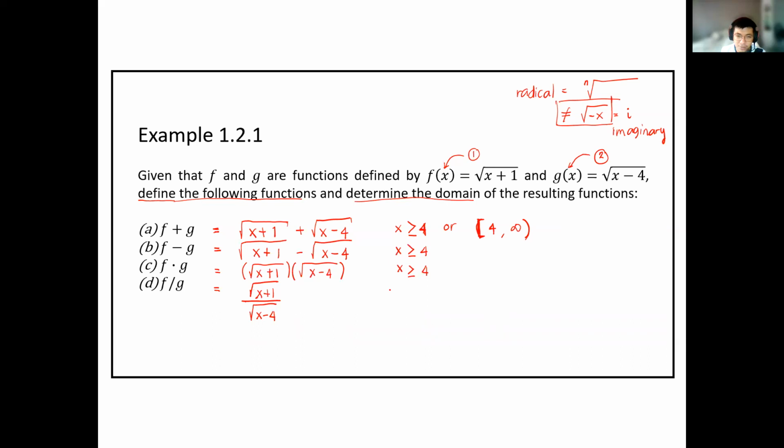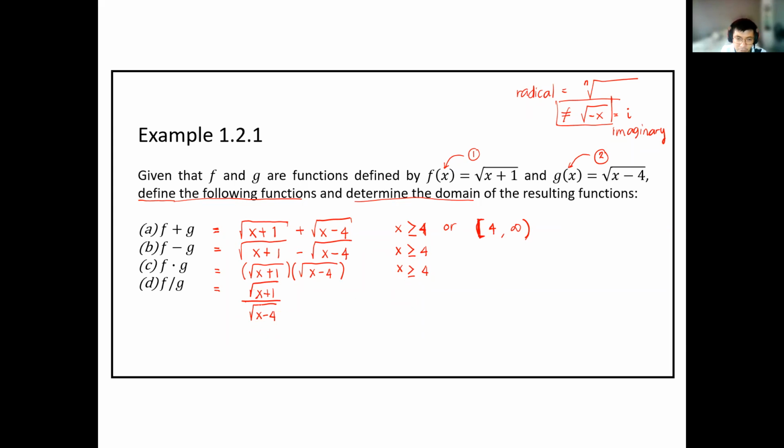So as long as it's not 0, it can be any number, right? As long as it's also not an imaginary number.